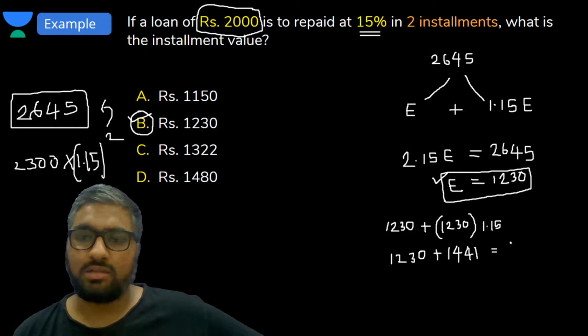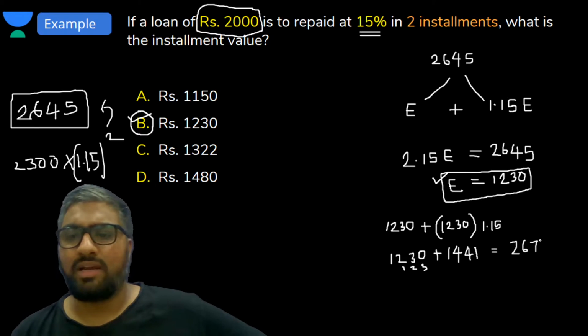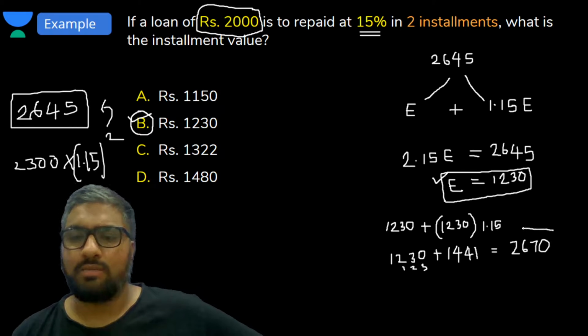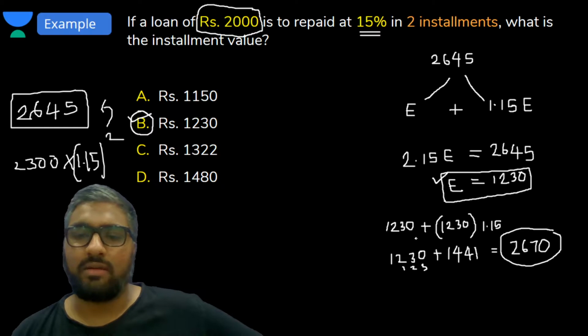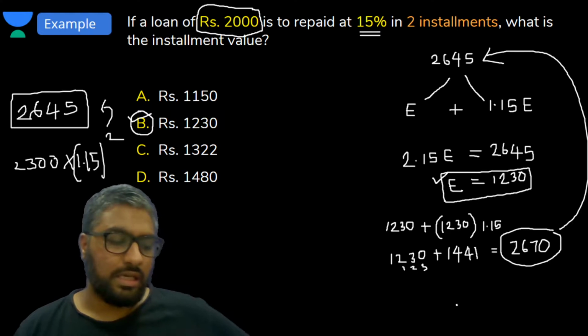Pay them how much? 670. Calculate. Somewhere around this, which is approximate. We've approximated, of course. Yes, very similar. Got it?